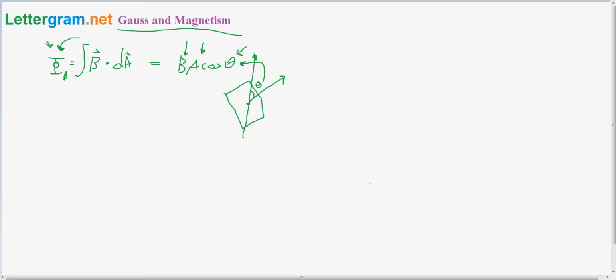Essentially, what this is saying is that if you get this magnetic flux, it's kind of like the net magnetic lines going through a specific area. I kind of look at it like potential, though that's probably not correct.